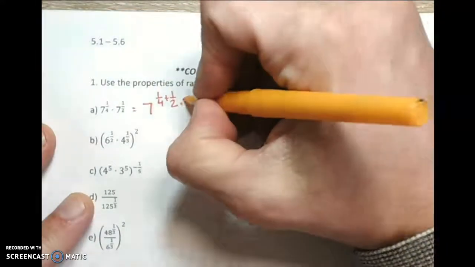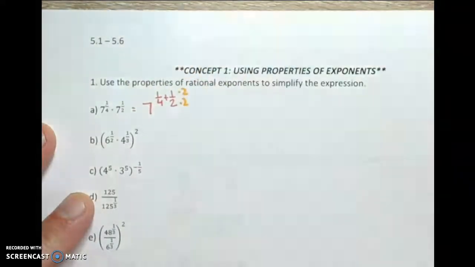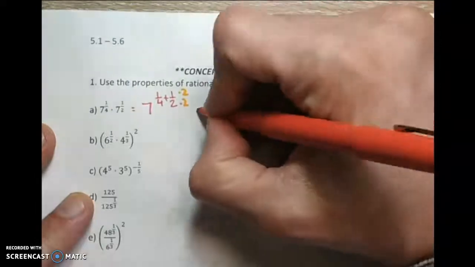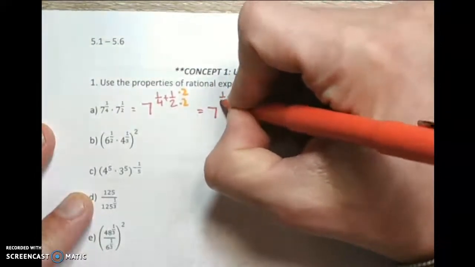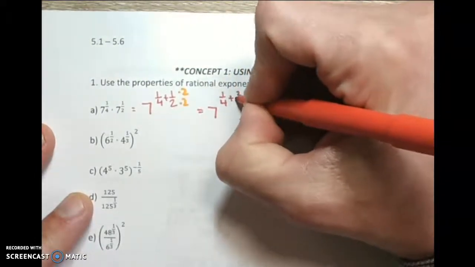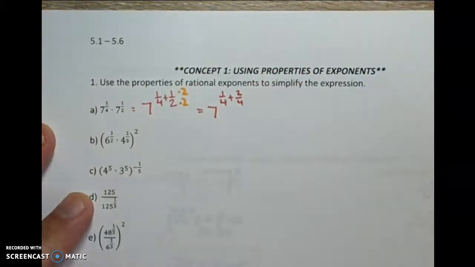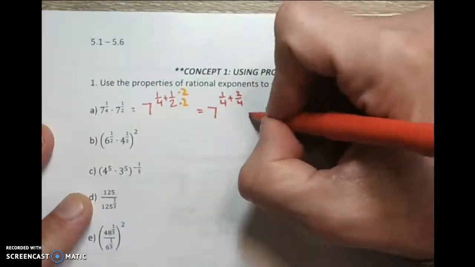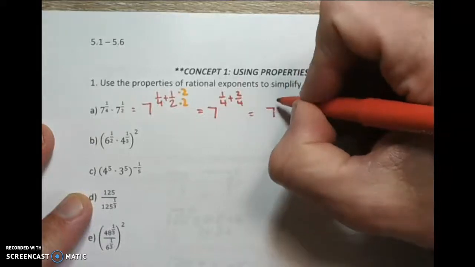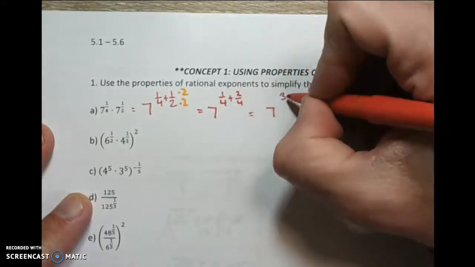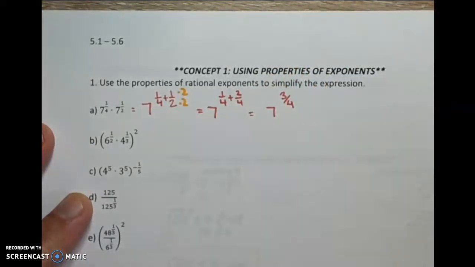So we need to multiply 2 to both top and bottom. That gives me 7 to the 1/4 plus 2/4. Now I have like denominators, I can combine my numerators. 1 and 2 is 3. Common denominator is 4. And you get 7 to the 3/4 power. Done.